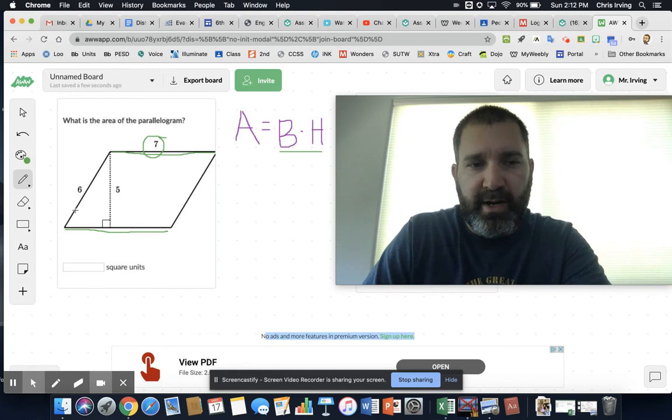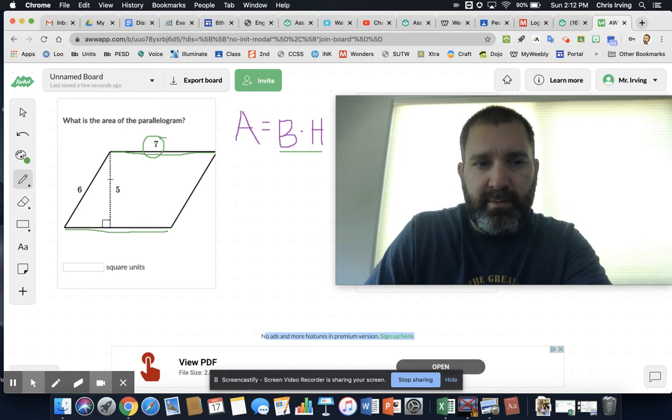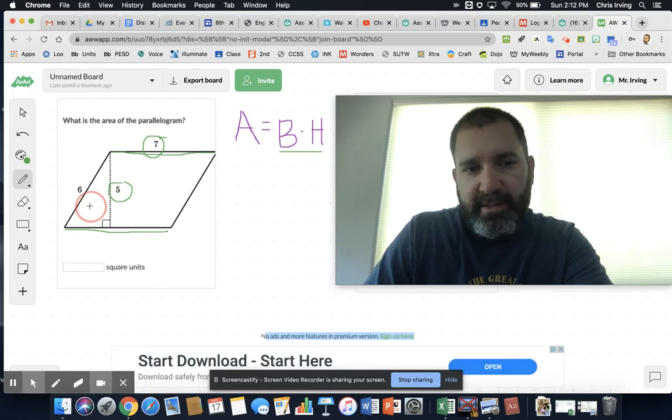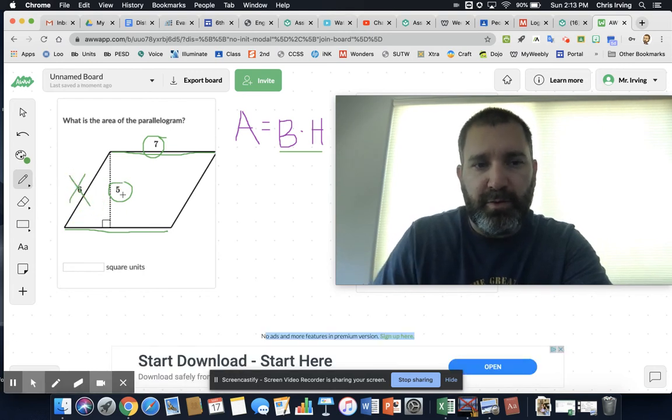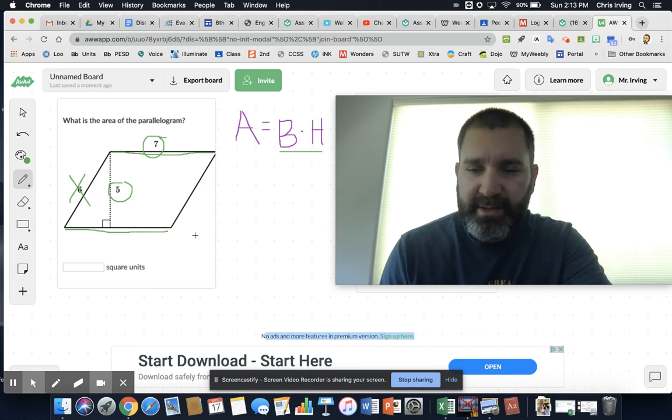This 6 is not the measure of the height. Height is the straight distance from the bottom to the top. We should be looking at this 5. This 6 was put here to fool us. We don't really care about that 6. That 6 is not going to be used to measure the area of a parallelogram.